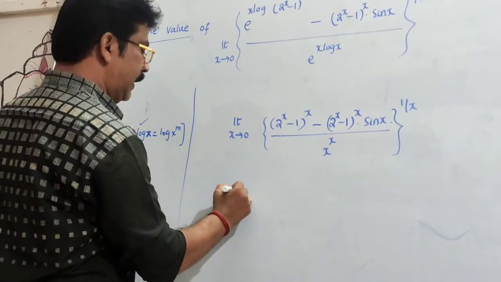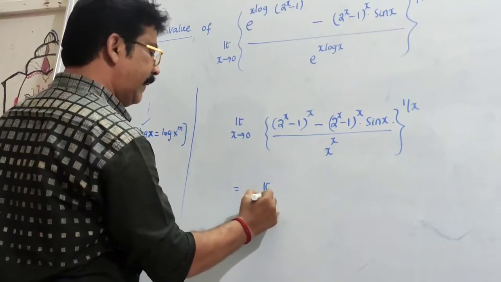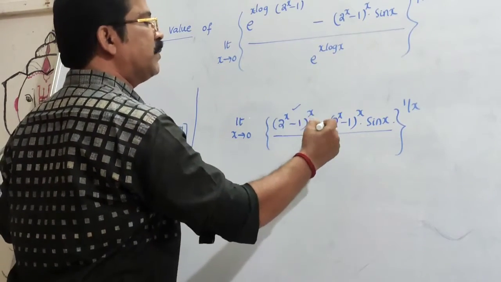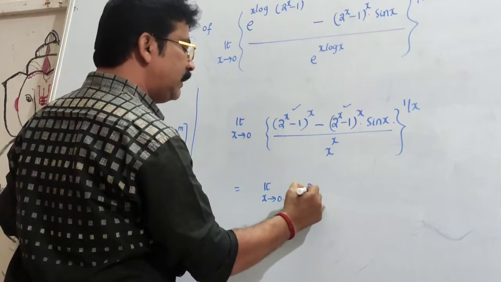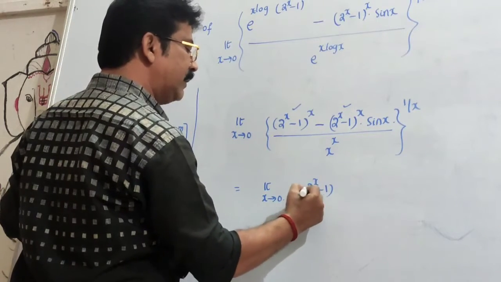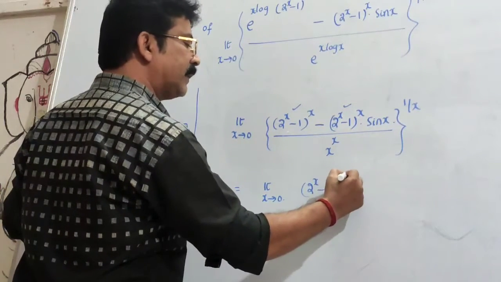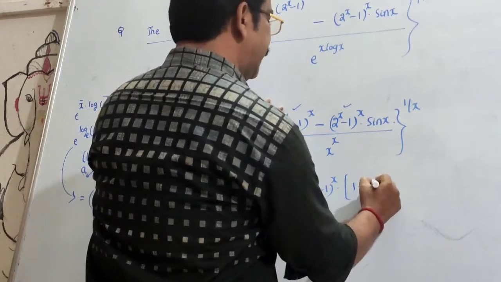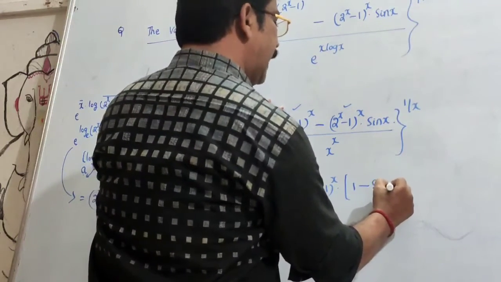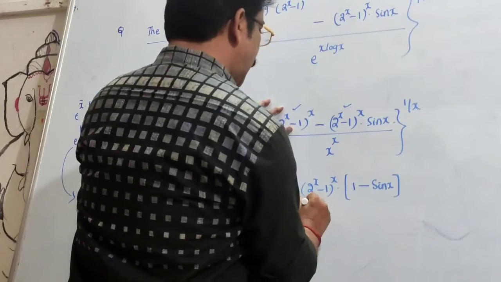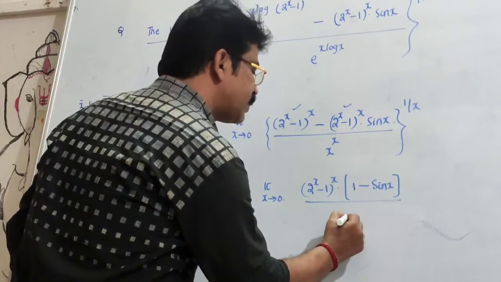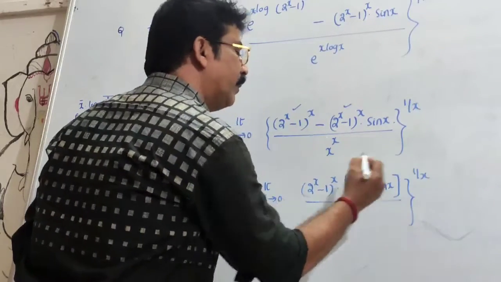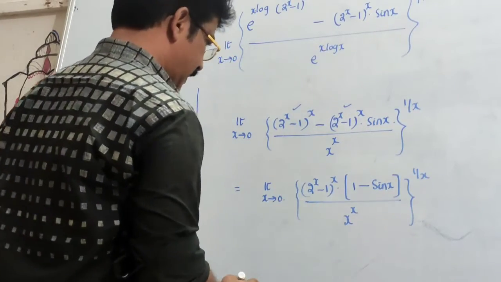So therefore that is equal to limit x tends to 0. Here (2 power x minus 1) whole power x is common: (2 power x minus 1) whole power x common into (1 minus sin x) whole divided by (x to the power of x) whole to the power of 1 by x.